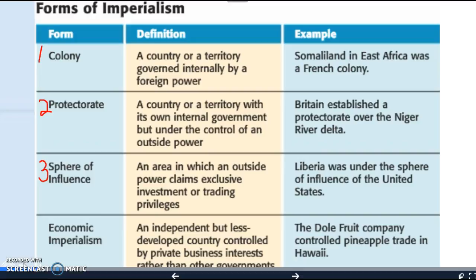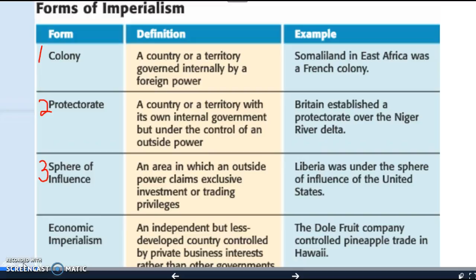So usually, these are set up if they don't really need the land, they just want a place where they can stop, maybe have their ships refuel, or if they want to use it mostly for economic reasons. So an example that we're going to learn about during Africa is Britain has a protectorate where the Niger River comes out into the ocean. And we're going to see other examples as well later.